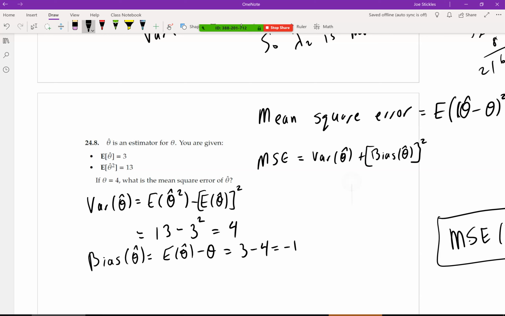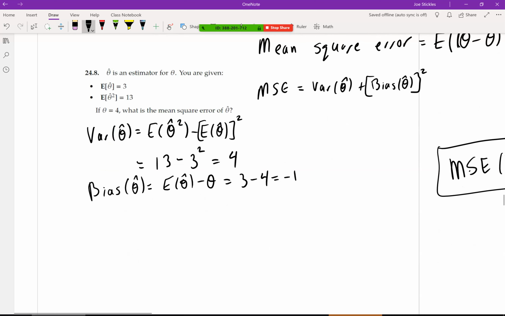So now we're ready to compute the mean square error. In this case, we would have 4 plus -1 squared, which gives us 5. Once we had the formula, the problem was no sweat. Getting to the formula was a little bit of work, but once we have the formula, the problem is just a matter of getting the pieces plugged in the right spots.